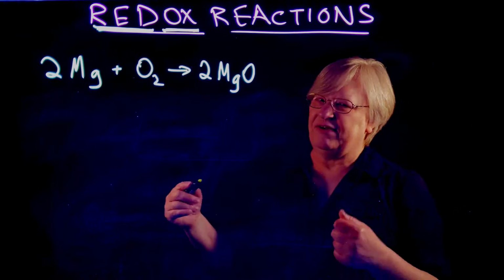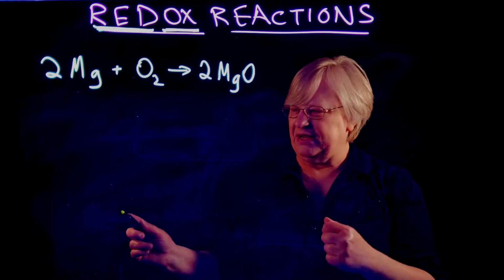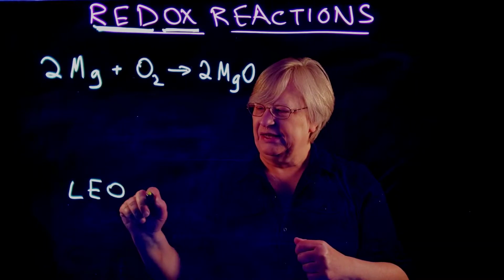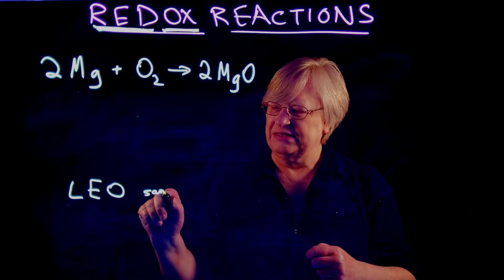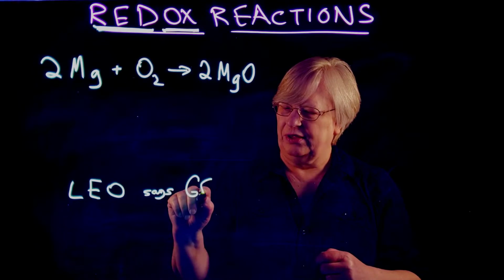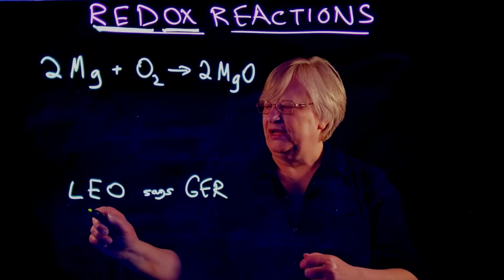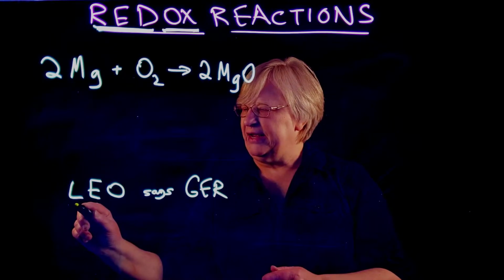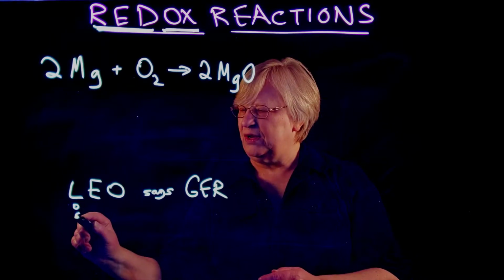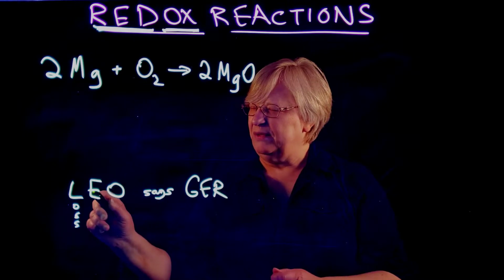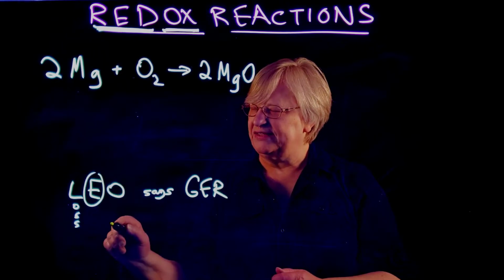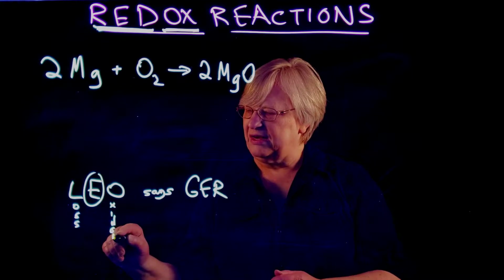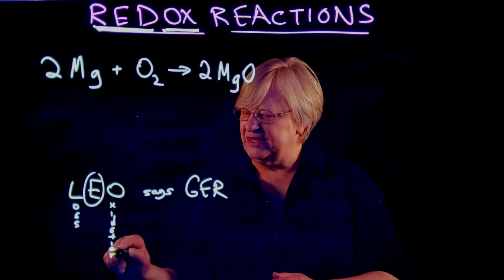So in order to help sort out what's happening here, we have this little saying about Leo the lion. Leo says grr, all right? Leo is the name of the lion, and this is to remind us that when an atom loses electrons, that atom is undergoing oxidation.